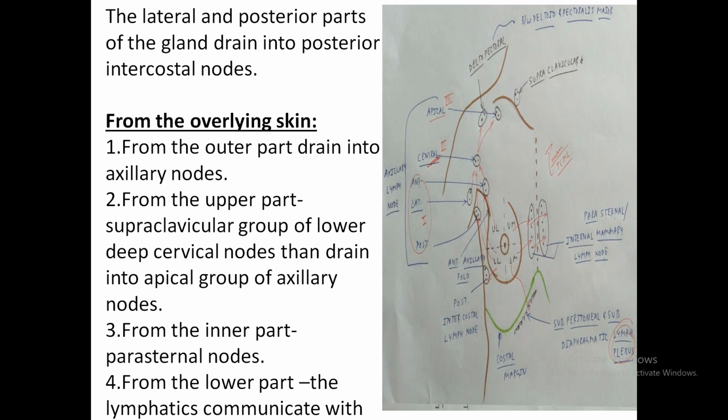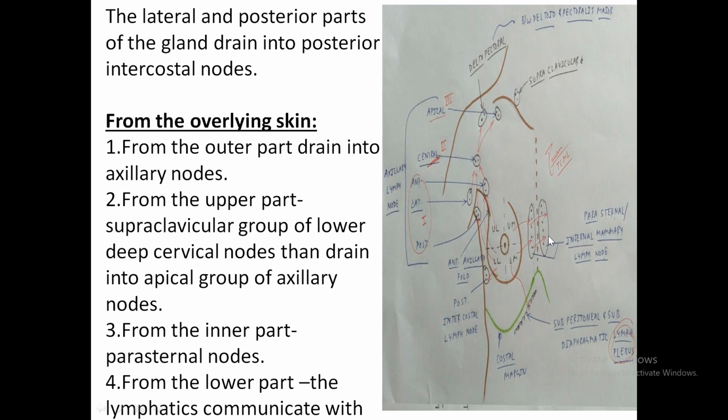From the overlying skin, the outer part drains into the axillary nodes, and from the upper part, into the supraclavicular node group or the lower deep cervical nodes that drain into the apical group of the axillary nodes. From the inner part, into the parasternal nodes.